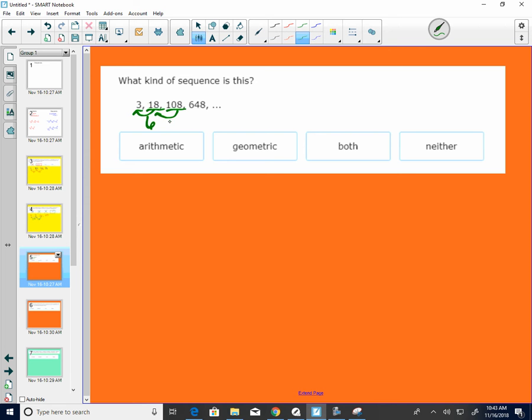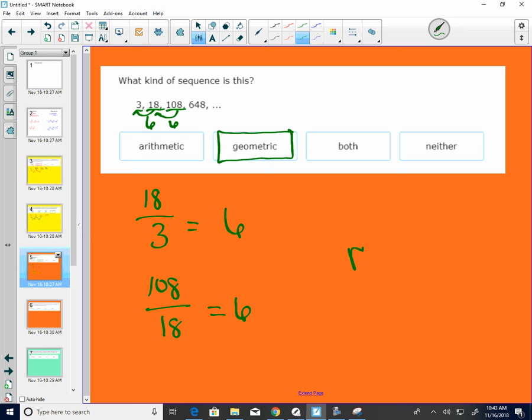It is as well, so my common ratio is 6. So since I could do that, that means it is geometric. So you would have done 18 divided by 3 equals 6. 108 divided by 18 equals 6. So the common ratio is 6. Since it has a common ratio, it's geometric.